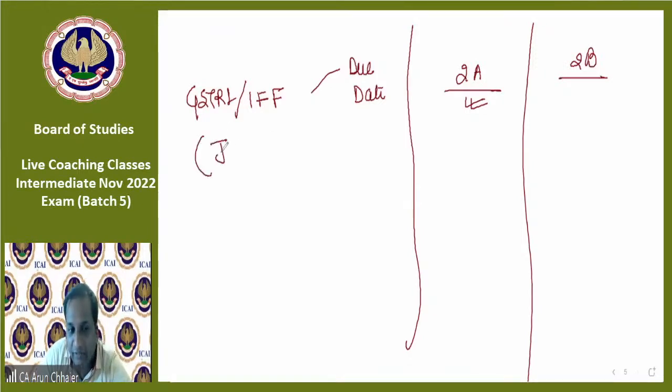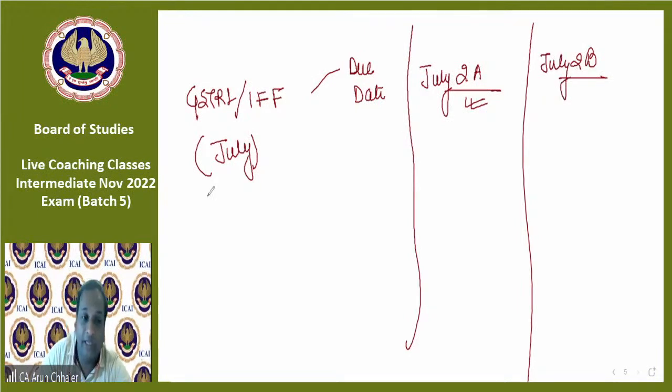Let's say it is July. So it is available in the July GSTR 2A, and it is available in the July GSTR 2B.